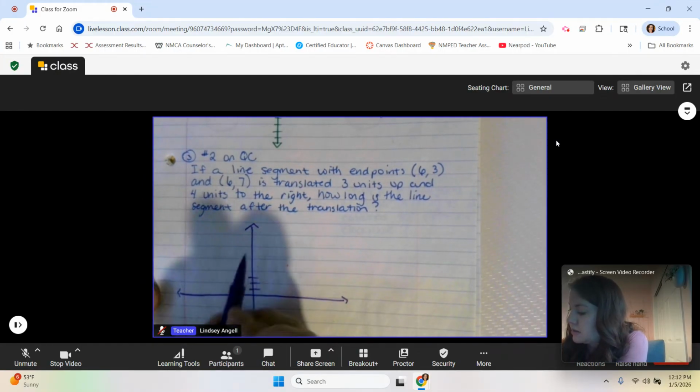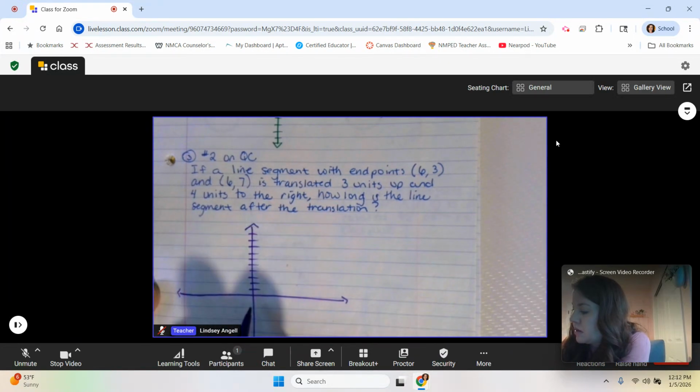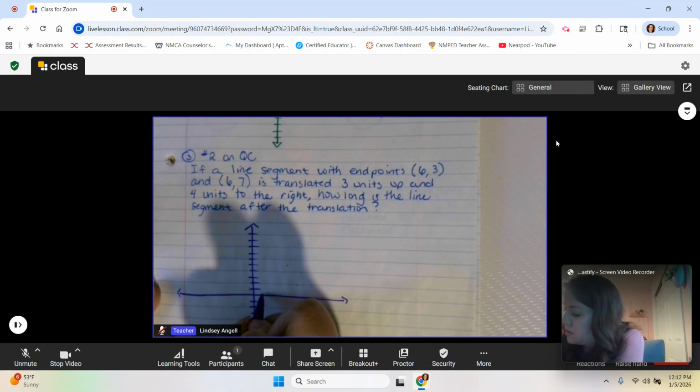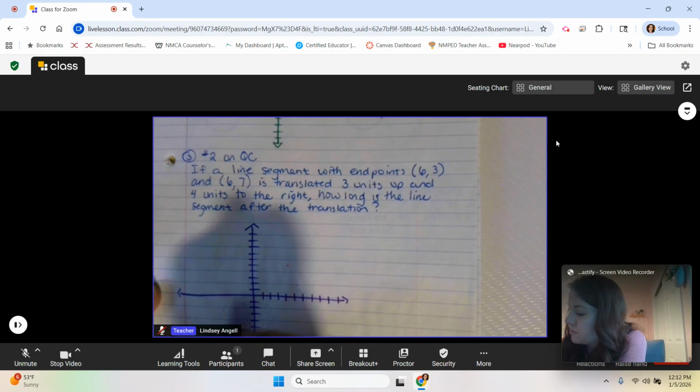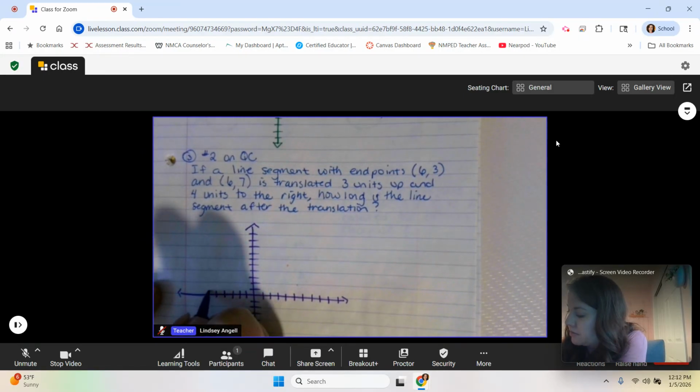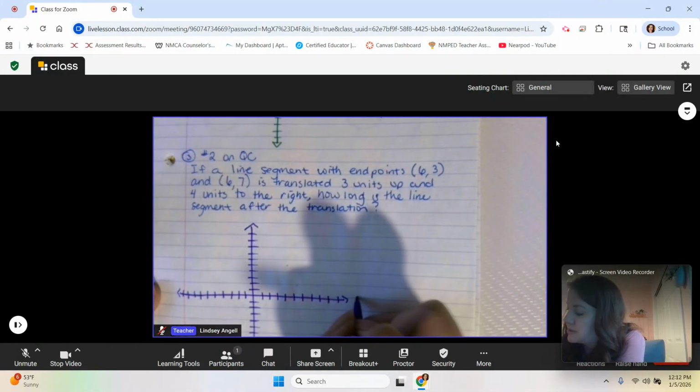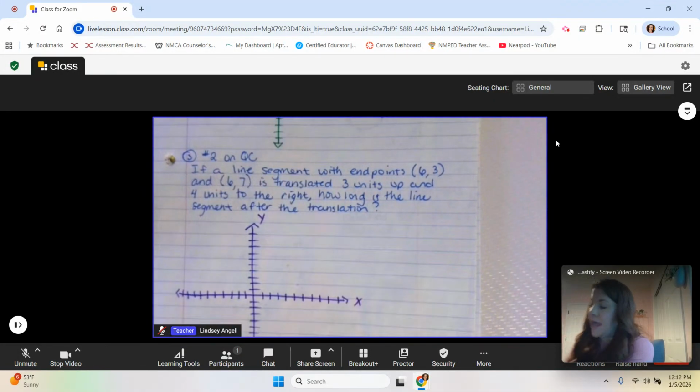Let me get it all set up. And again, I apologize, I should have had these drawn out for you. Hopefully this is enough tick marks. I guess we'll find out. Remember this is your x-axis, this is your y-axis.